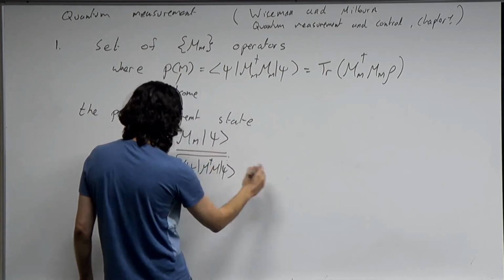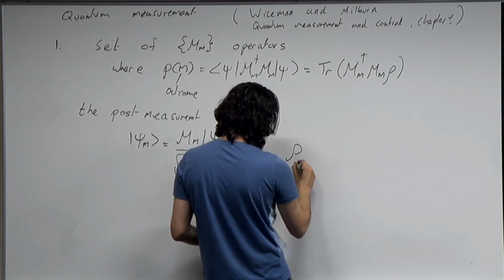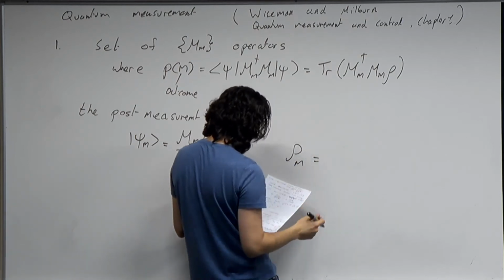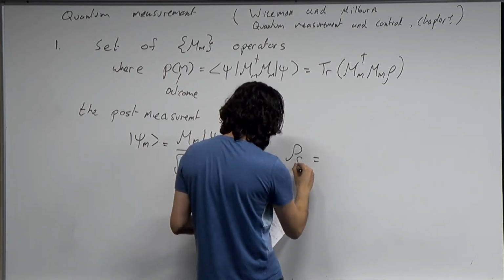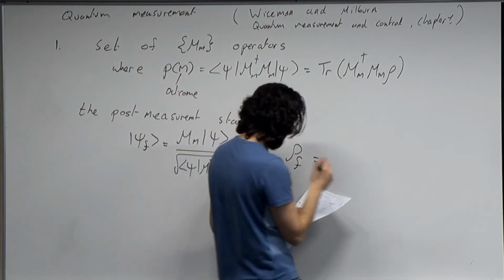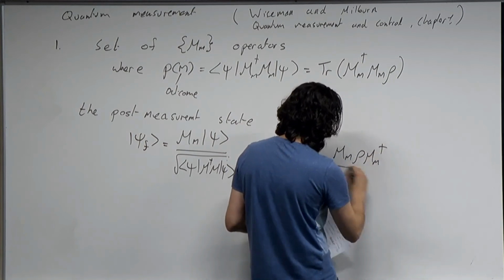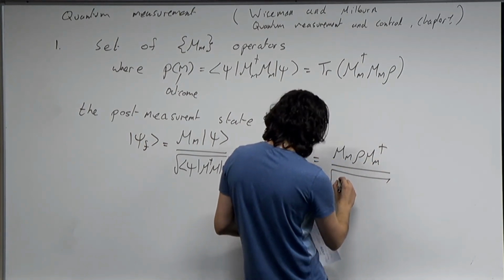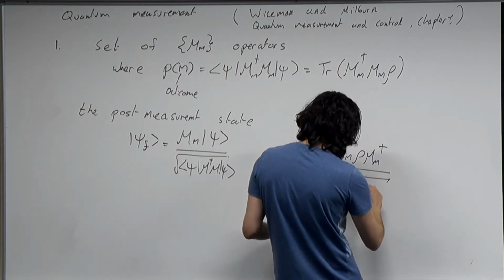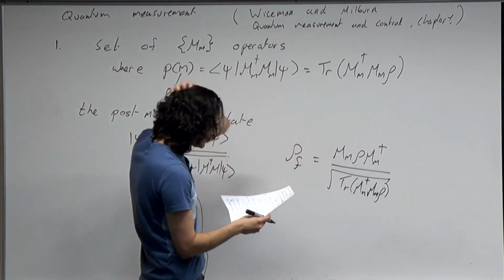Okay, or in density matrix form, rho_m, meaning rho after the measurement. Maybe we'll change this to rho_f, final, psi_final. I don't know. Less confusing. It will be M rho M dagger over the trace of the same thing, M dagger M rho.